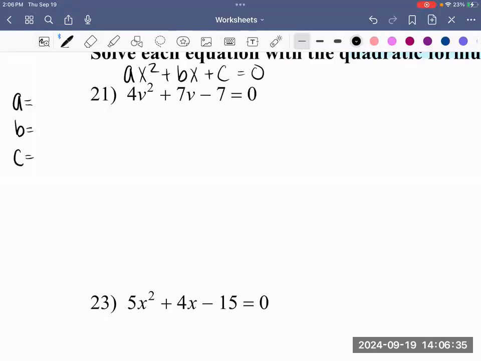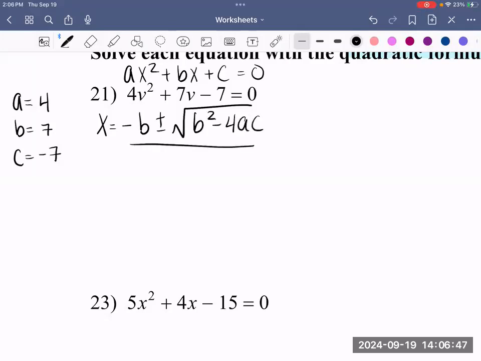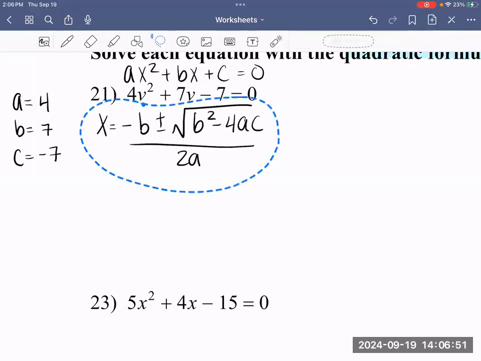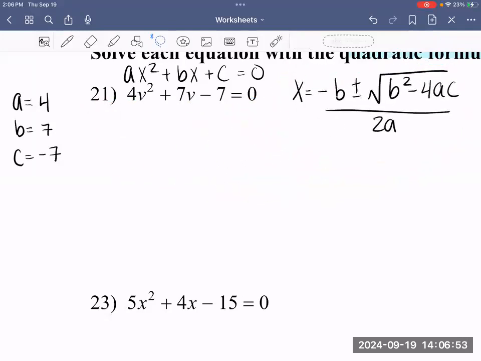It's a little redundant, but just in case we need it. x is equal to negative b plus or minus the square root of b squared minus 4ac all over 2a. That's what we're going to be following.